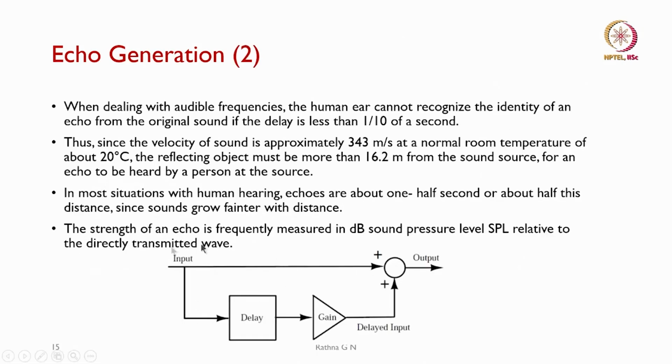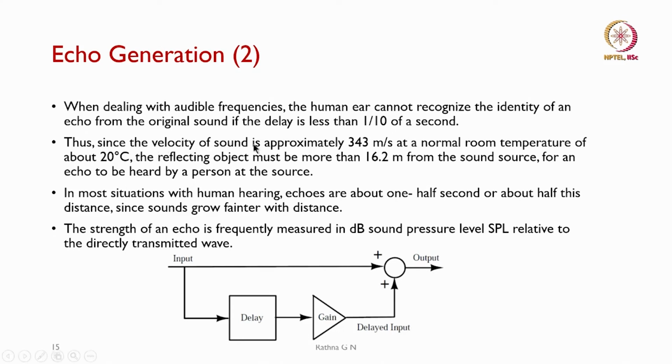So, how can we digitally generate an echo, as shown in this diagram? When dealing with audible frequencies, the human ear cannot recognize the identity of an echo from the original sound if the delay is less than 1/10 of a second. So, as you can see, if it is within this, then you may not hear it as an echo.